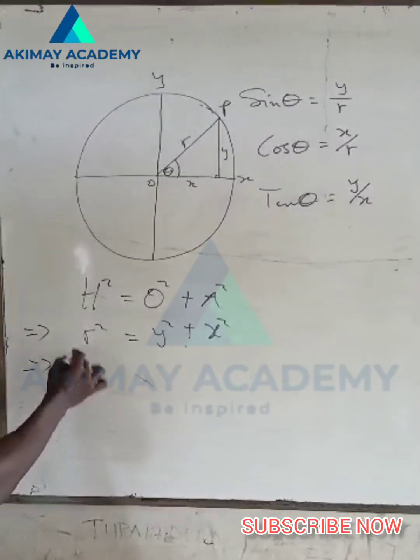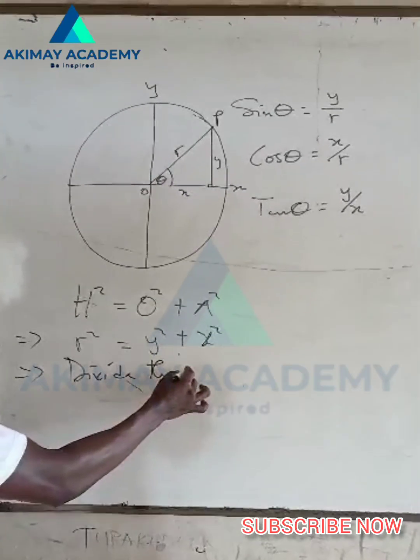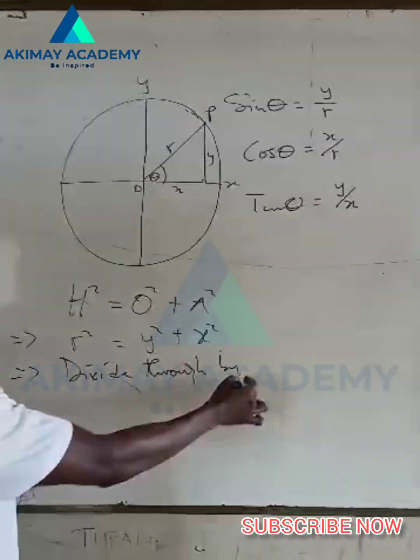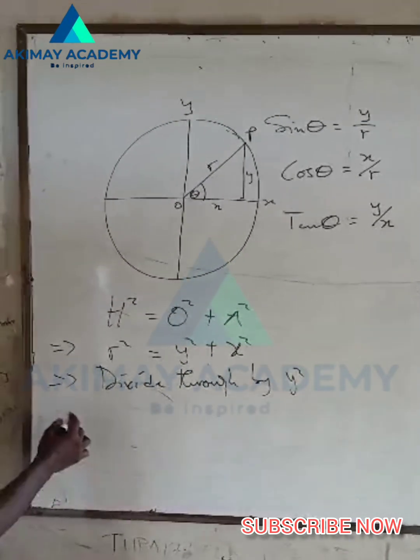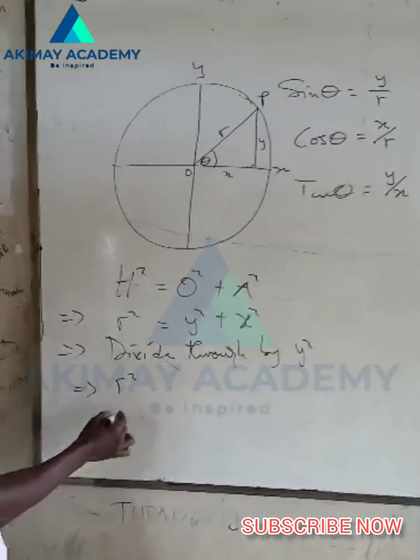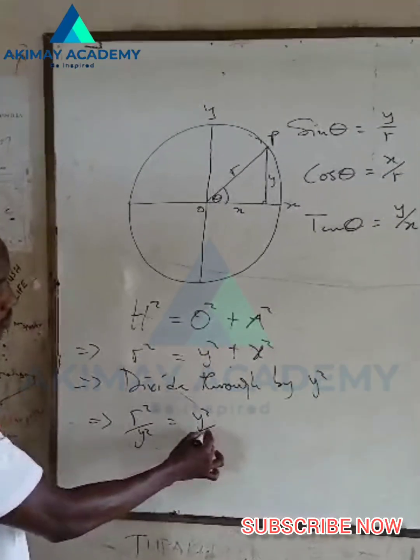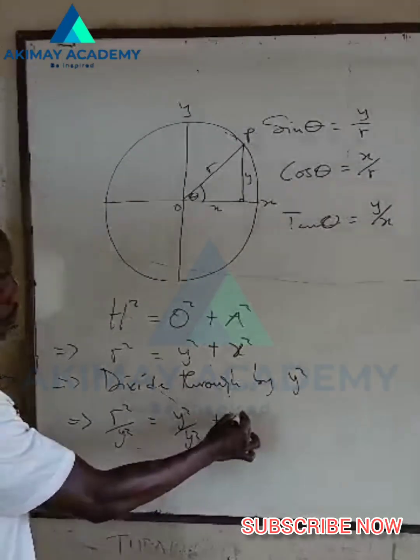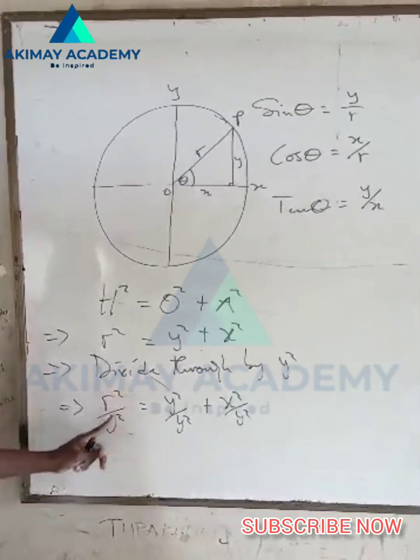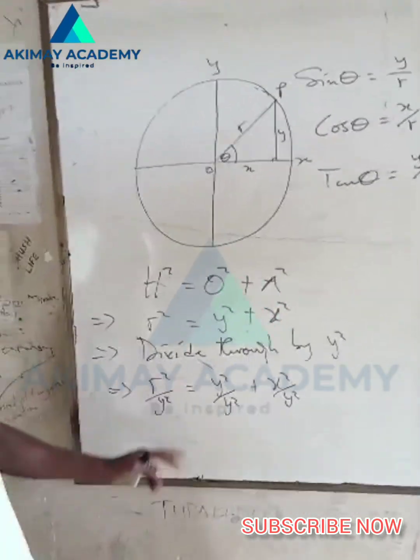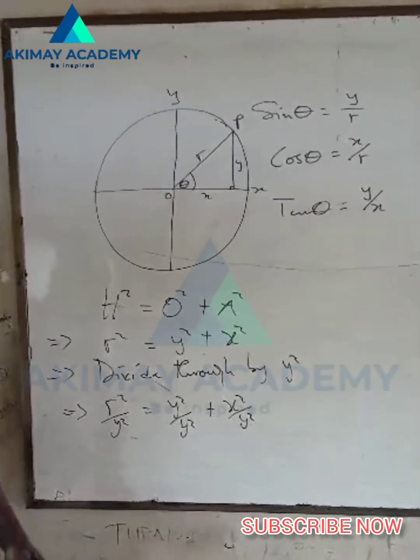So here, we divide through by y squared. So this is what we have: r squared out of y squared equals y squared over y squared plus x squared out of y squared.